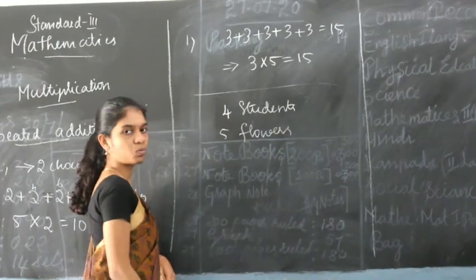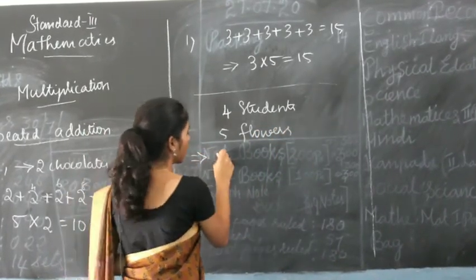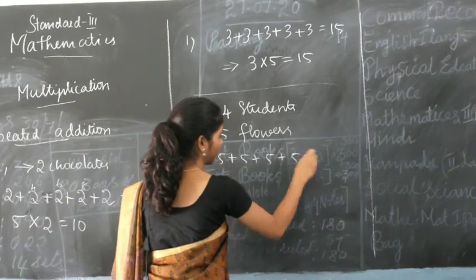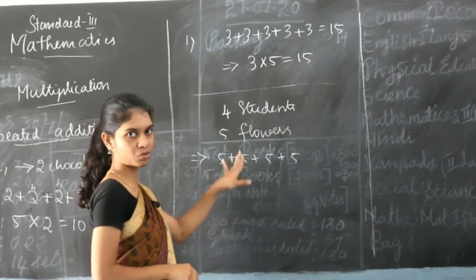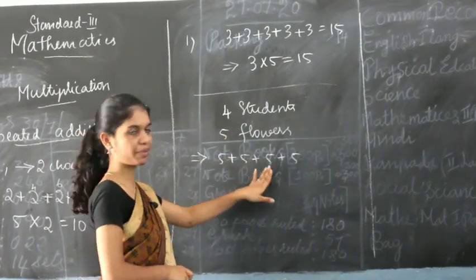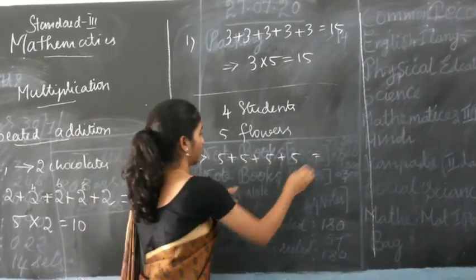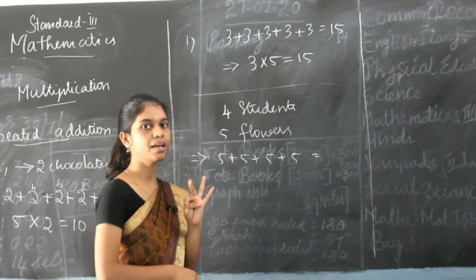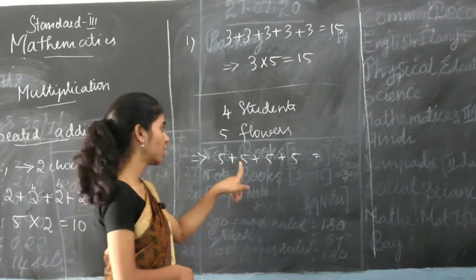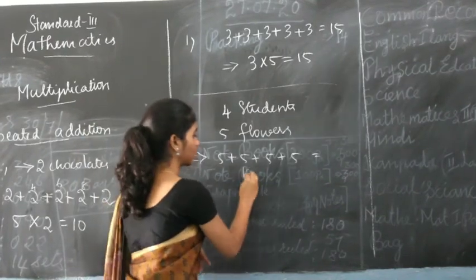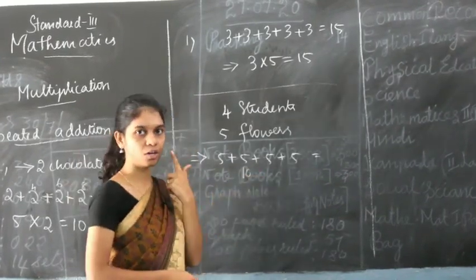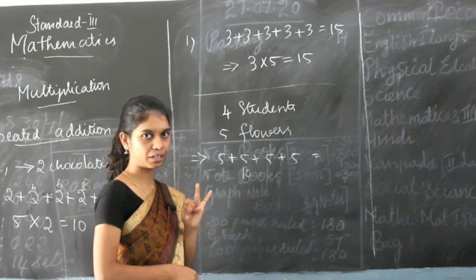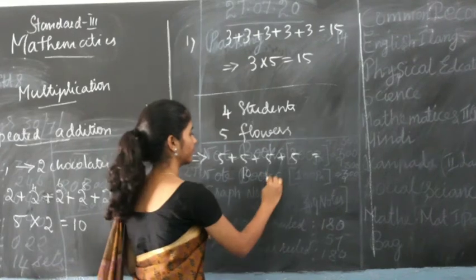So in normal addition, what will you do? 5 plus 5 plus 5 plus 5, right? 5 flowers, 4 students. 5 plus 5 is 10. 10 plus 5: 11, 12, 13, 14 and 15.